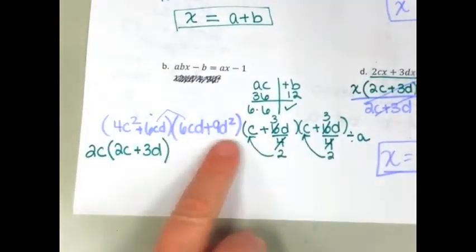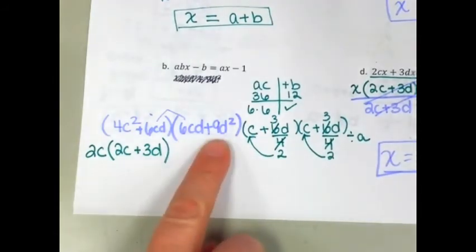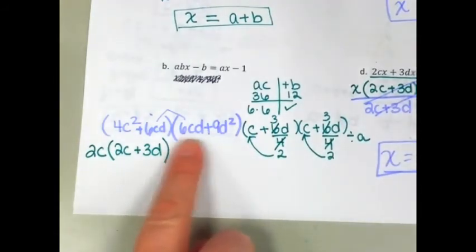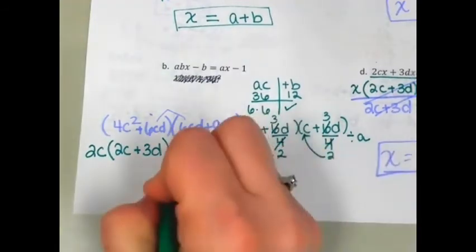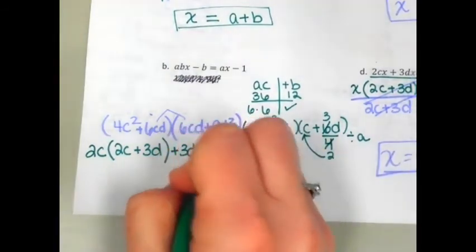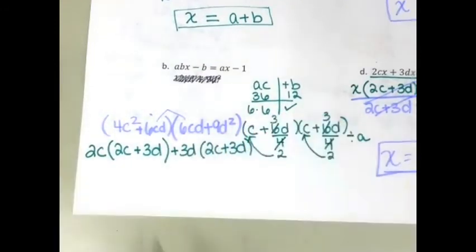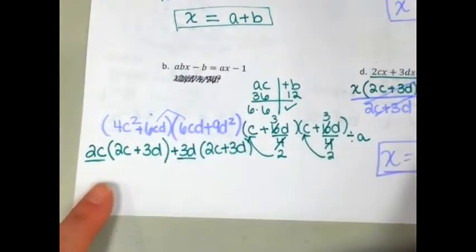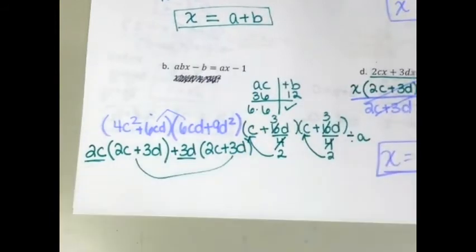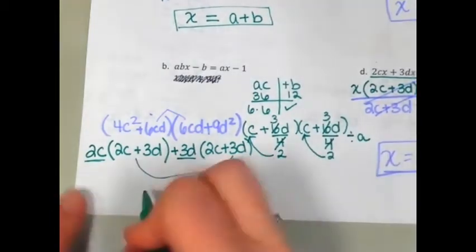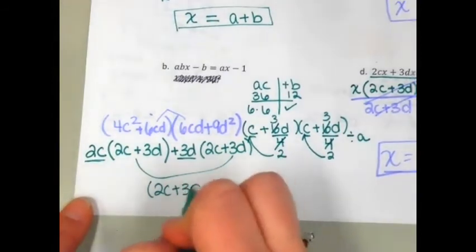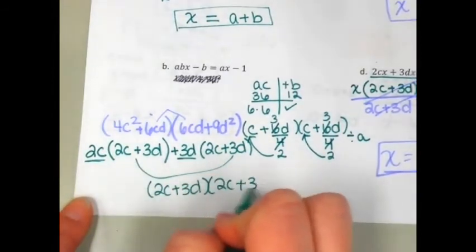Then over here, from 6CD to 9D squared, what is my GCF? 3D, so plus 3D. And I'm left with 2C plus 3D. So again, these go together. So that was one of them. And then this is just listed again. So that's where we get the 2C plus 3D. And then we have the 2C plus 3D.